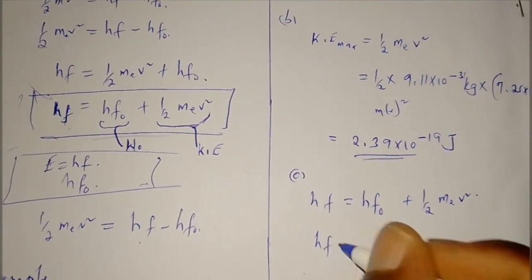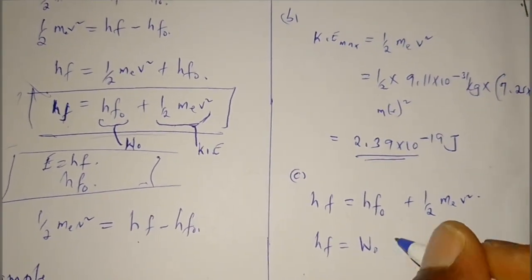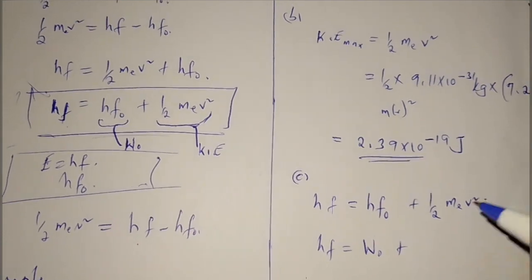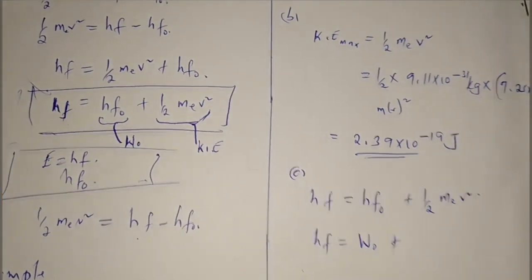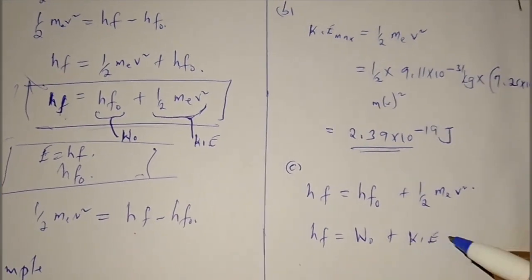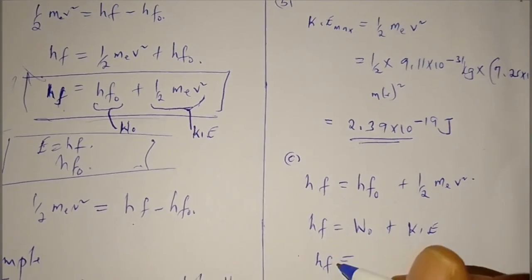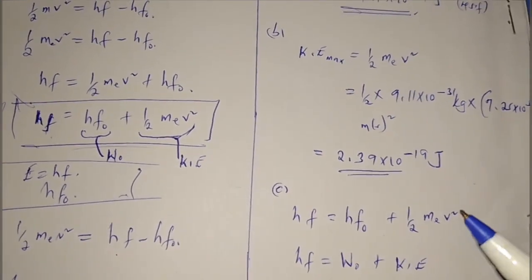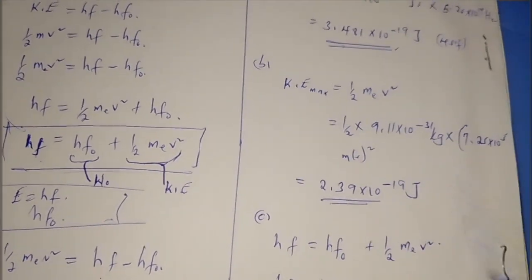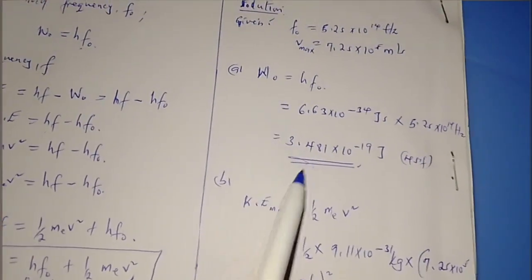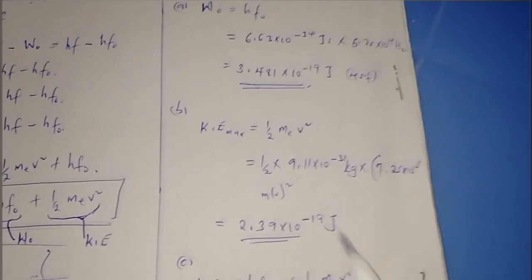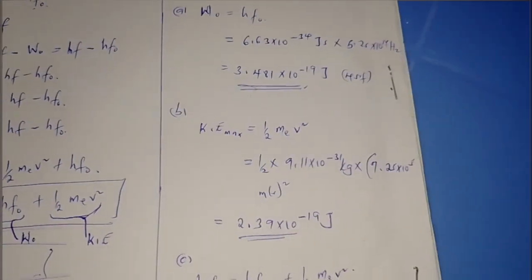So HF is equal to work function plus a half MeV squared. I have said it is kinetic energy, KE. From what we have worked out, our work function is here, so we just substitute it here.